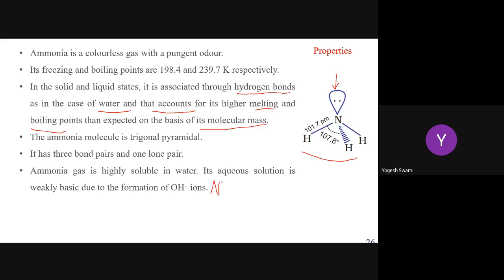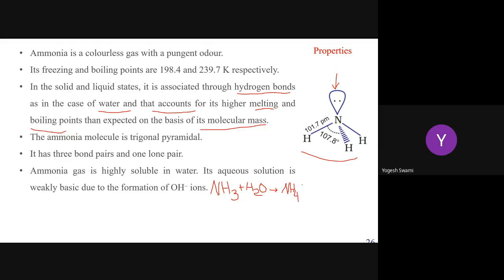Look, whenever in the lab we have to make ammonium hydroxide, what do we do? We dissolve ammonia in water. Ammonia reacts with H2O and converts into ammonium hydroxide. This ammonium hydroxide releases OH minus ion.